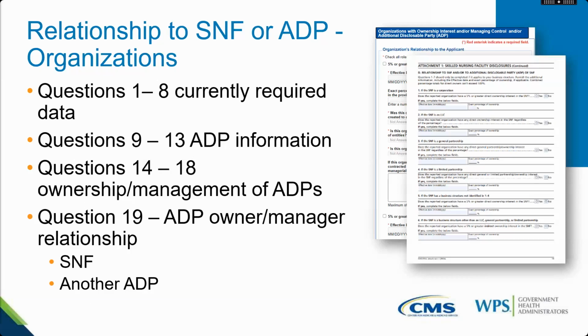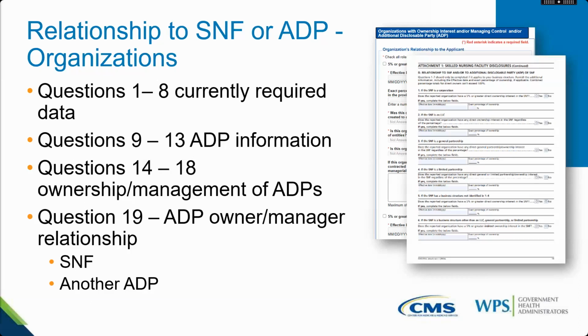Question 19. Now, question 19 is intended to establish the connection if they have any relationship with any other ADP that's been reported. CMS understands that there could be links between the parties being reported, and CMS wants to understand that. This could be the SNF or another ADP.